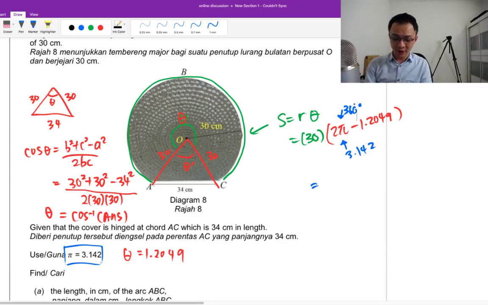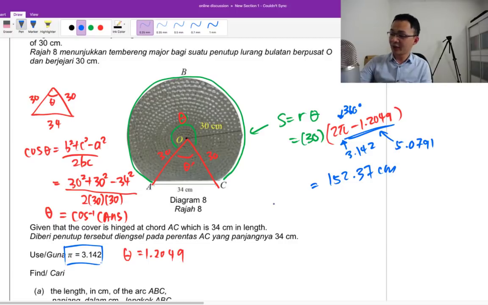So I say 2 multiply 3.142 minus my answer. The angle for this is 5.0791, just in case some student wants to know. Then I multiply 30, so my length will be 152.37 centimeter. This is the answer for A.